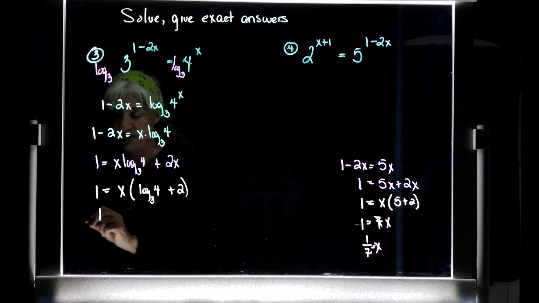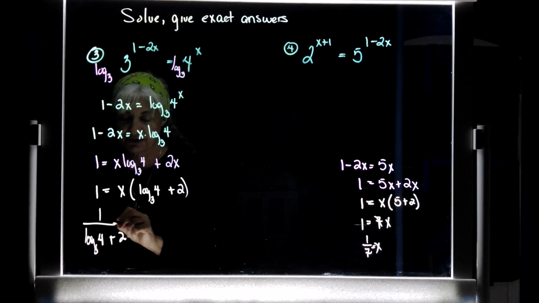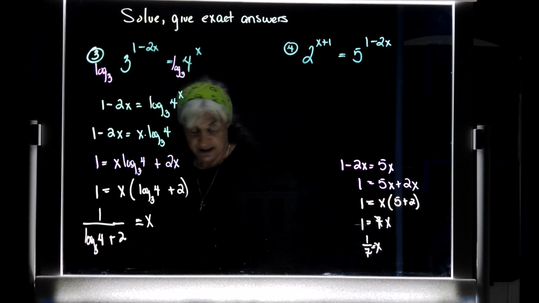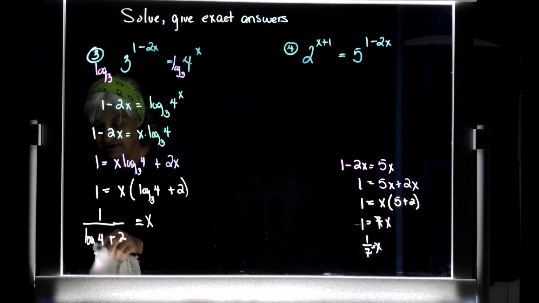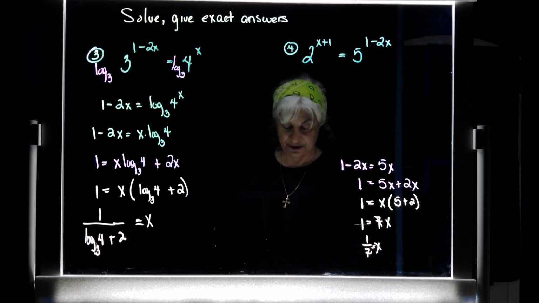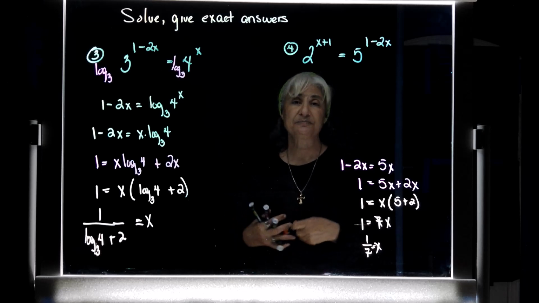So you have 1 over log base 3 of 4 plus 2 equaling x. And that's a not so nice looking 3, is it? Let me fix that for us. Okay, so log base 3 of 4. Good? You with me? Not too bad, right?